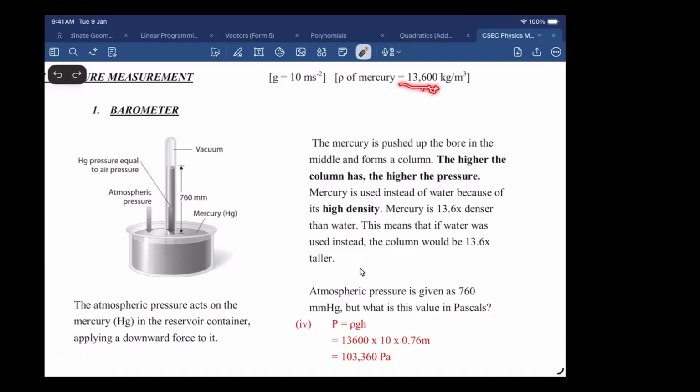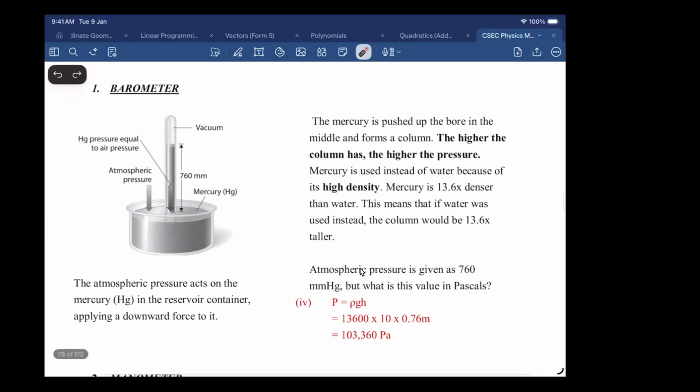Do you remember what it is for water? Density is 1,000? 1,025 to be specific. So it's a lot denser. So you have the atmospheric pressure here, and you also have the pressure as a result of it having a height. All that is going to act and push it upwards.